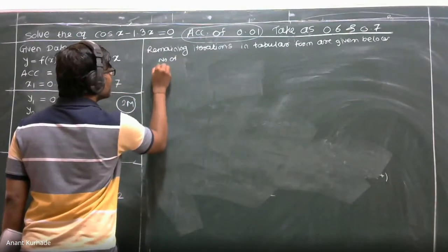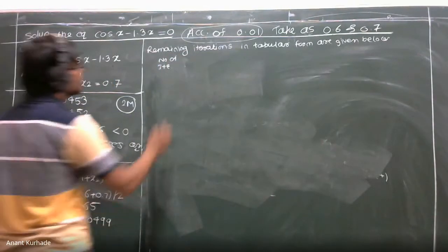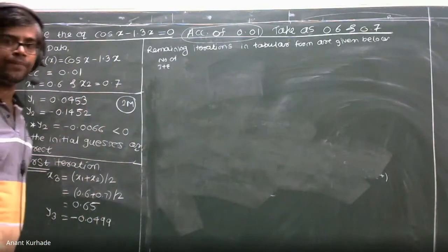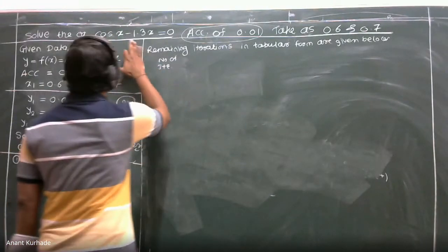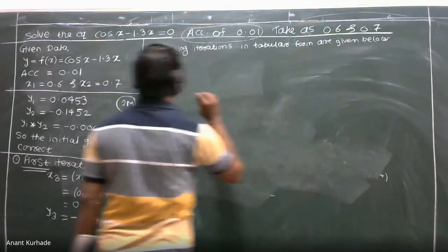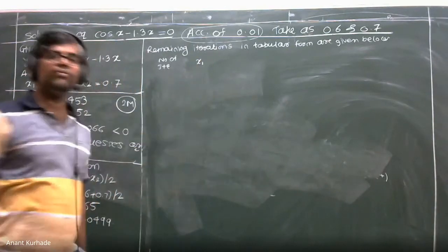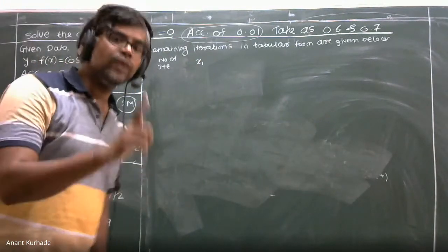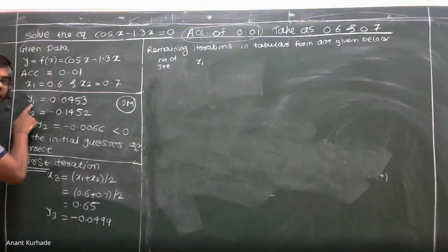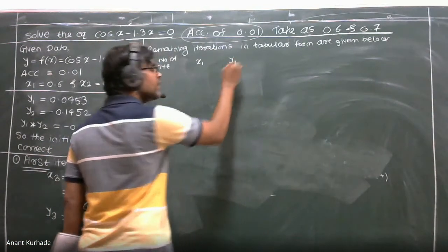What will be our second column? In this case F of x is given, and the initial guesses x1 and x2. So x1 is our second column. Once we have x1, immediately we find y1, so write y1 as the third column.